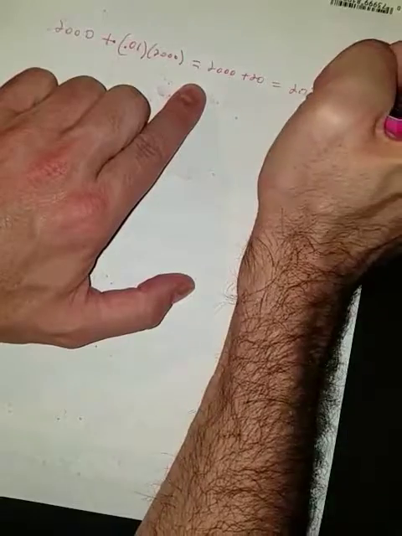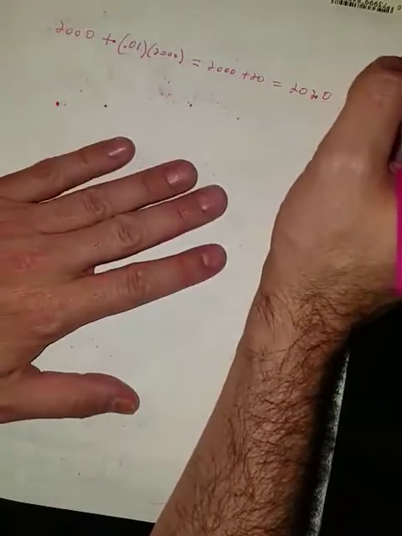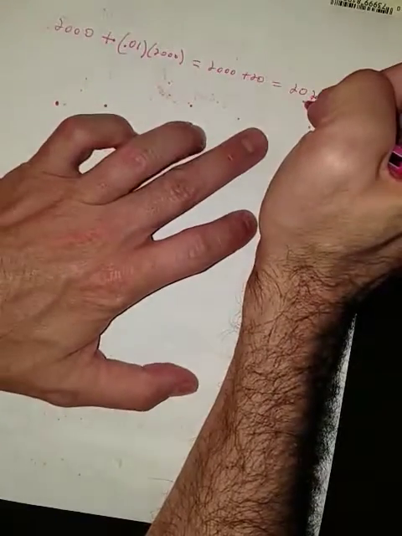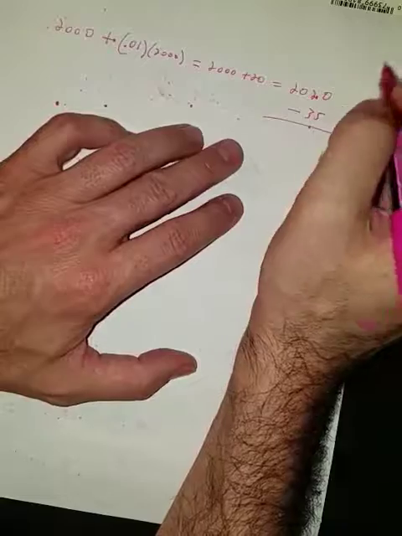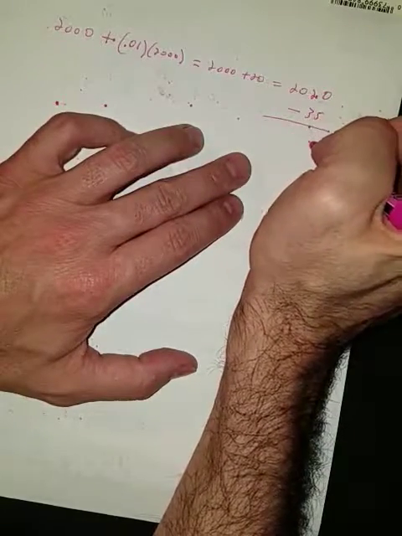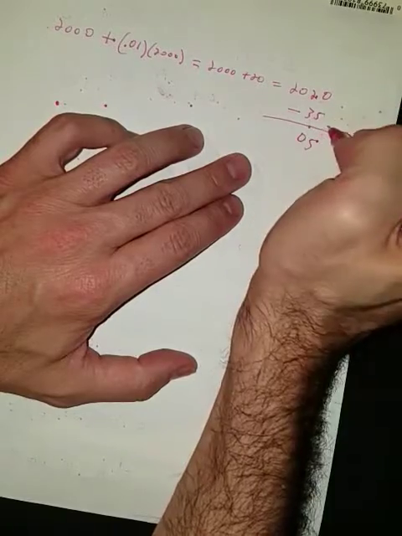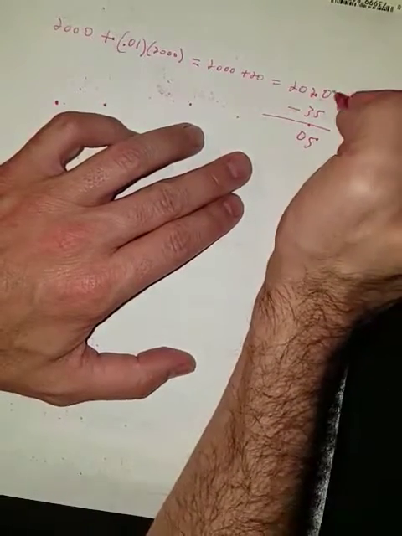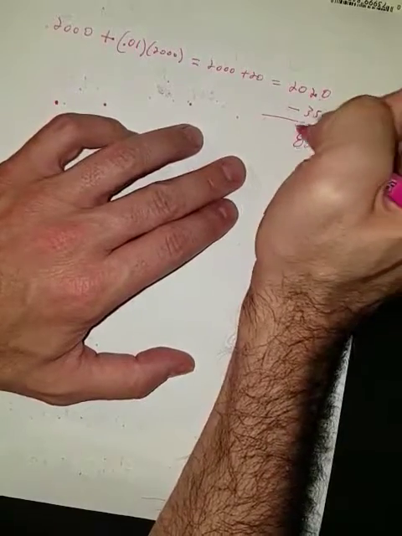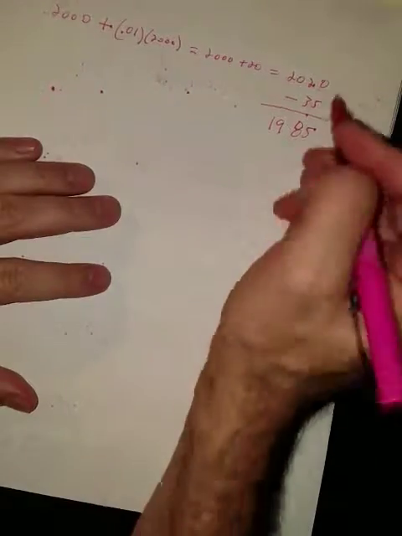So the first month he owes 2020. It says in letter A he pays $35 for the first month. If he pays $35, that reduces the balance to 1985. Yeah, 1985.